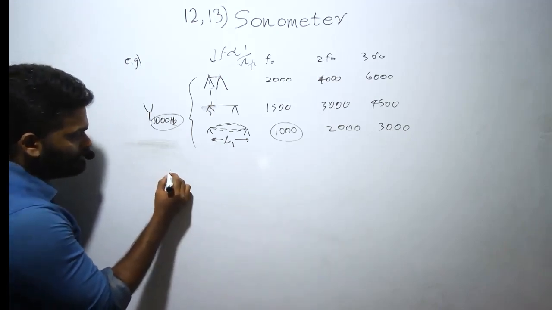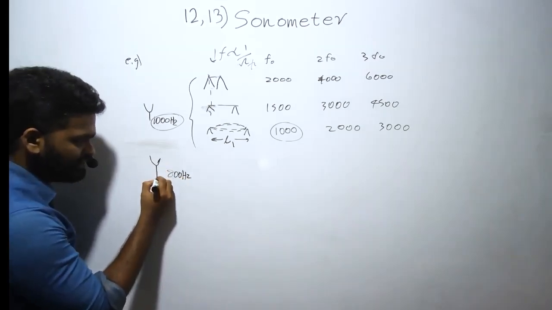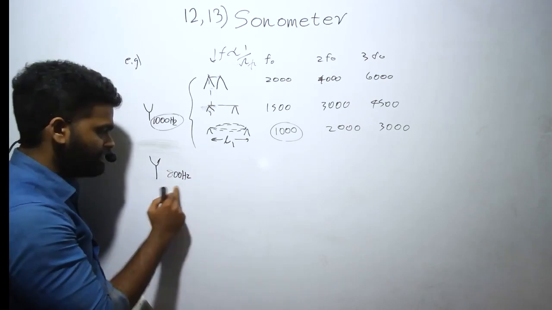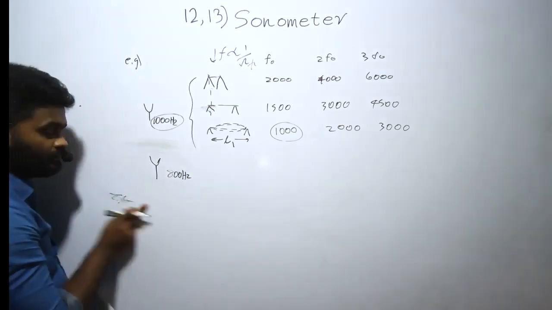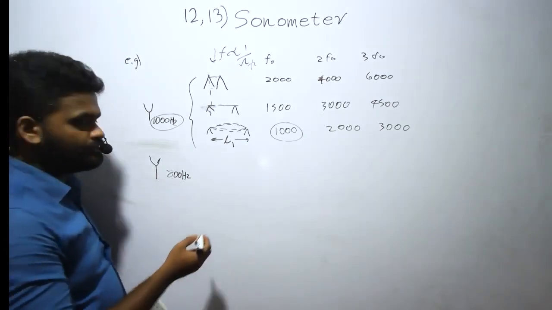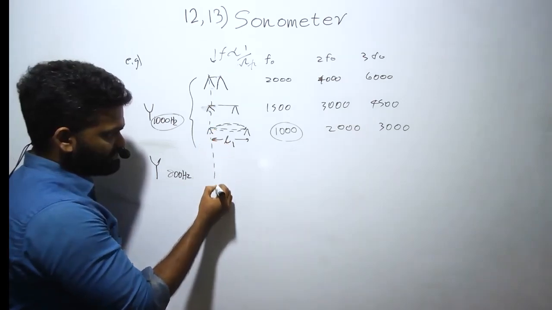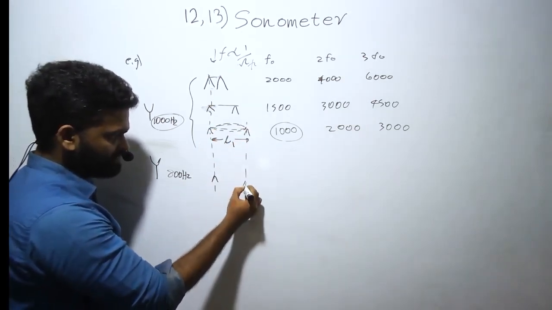Let's say you get a fork like 800 hertz. I'm using these numbers for simplicity. Actually, there are no forks like 800; the forks are like 256. Okay, so I take an 800 hertz fork. Now I'm not changing this length, keeping the same distance.